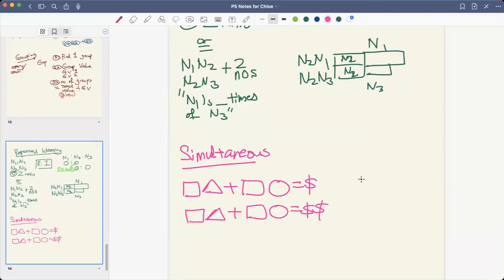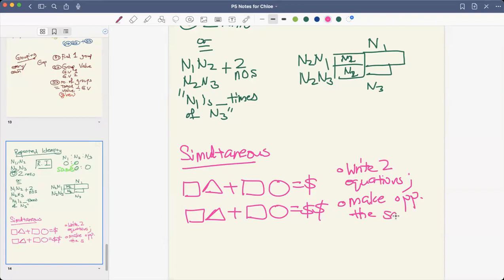Okay. So you have to write two equations, make opposite the same.